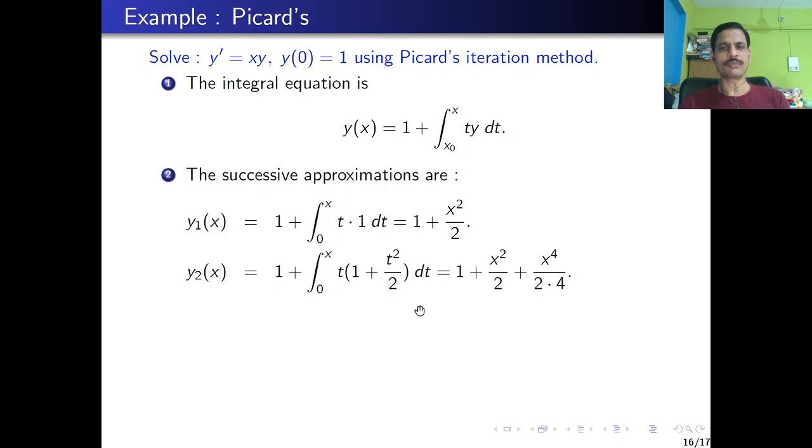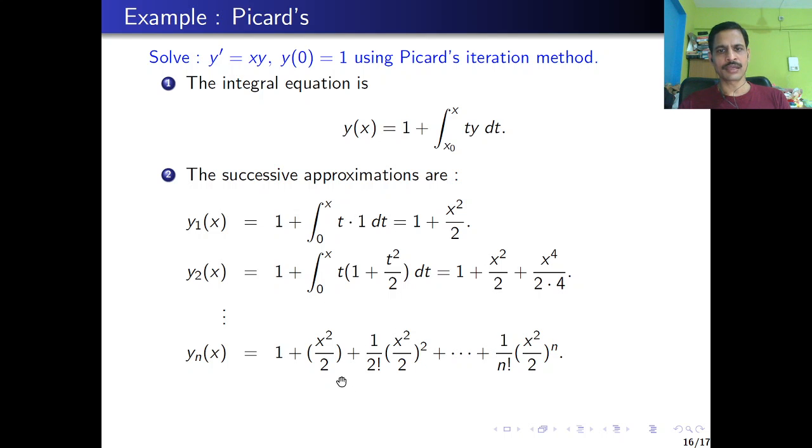If you keep on computing the iterations, the nth iteration will be 1 plus x square by 2 plus this, you see, this 1 and 2 can be taken out, and then it will be 2 square. So it is 2 factorial times 2 square. So we can write it as 1 by 2 factorial times x square by 2 whole square plus so on up to 1 by n factorial times x square by 2 whole raised to n.